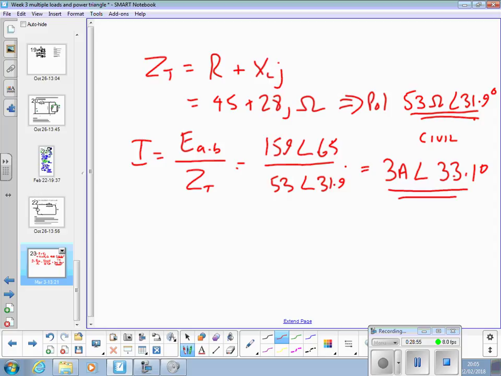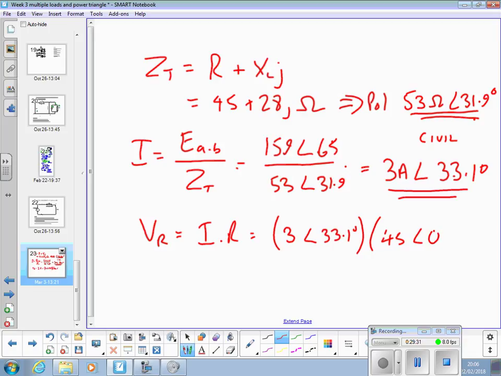So what can we find now that we know I? Voltage drops, yeah. So let's go for VR then, shall we? It's I times R. And R is 45 ohms.